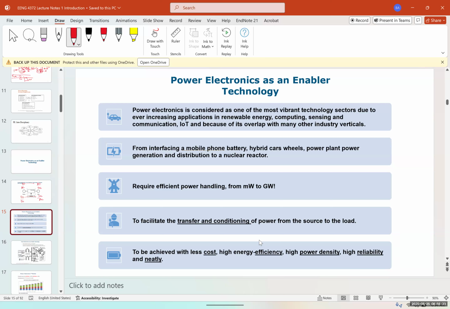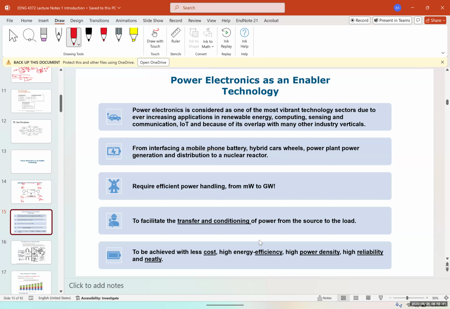And also in the hybrid cars, you see a lot of that. From interfacing a mobile phone battery, hybrid cars, wheels, all the sensors, connections, high voltage part, power plant, power generation, and distribution up to a nuclear reactor.